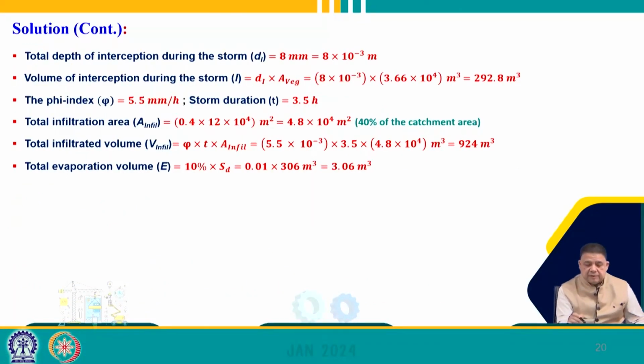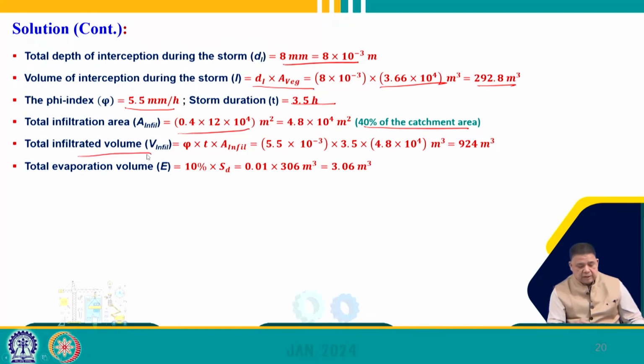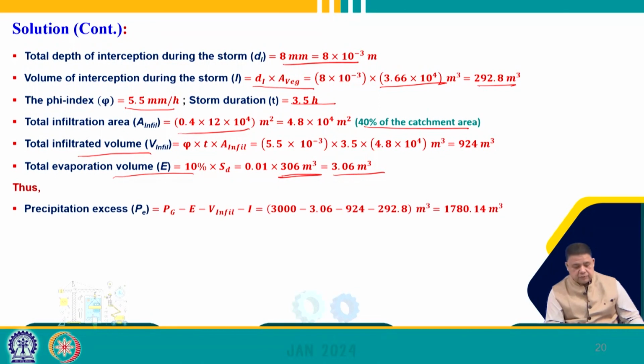The total depth of interception is 8 millimeters, so we can calculate the volume of interception during the storm by considering the total basin. Similarly, the phi index and storm duration are given. The total infiltration area is also given, 40% of the catchment, so total infiltration volume we can calculate. Similarly, total evaporation volume is also given, it is 10% of SD. We have already calculated SD, so we know 3.06.